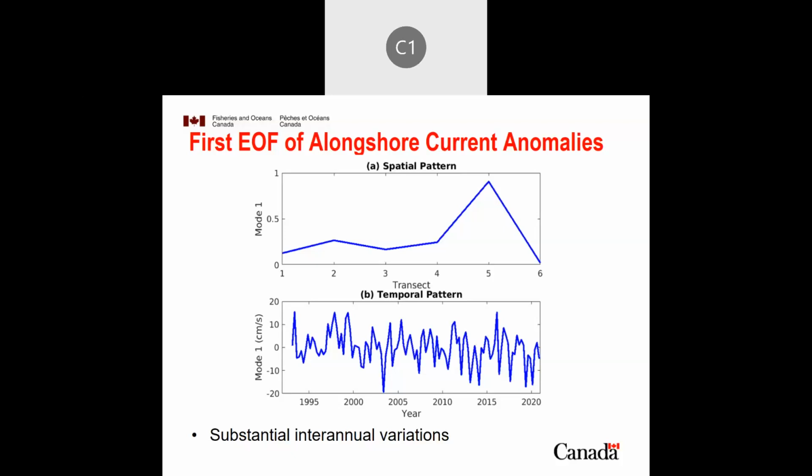This shows the first mode, which accounts for about 45% of the variance, and the lower panel is the time series of the first mode EOF. This first mode represents the northward poleward current, and you can see significant interannual variations associated with it.